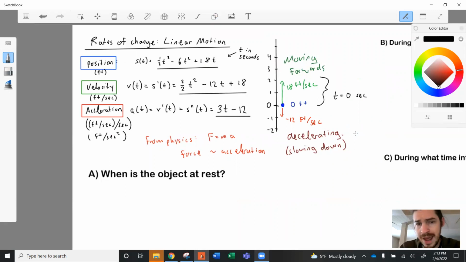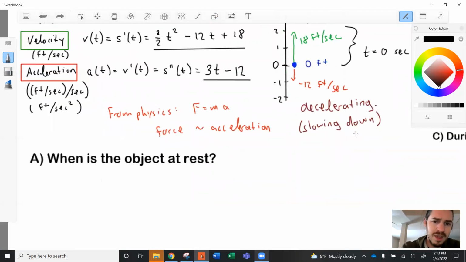So the first question I want to ask about this problem is, when is the object at rest? At rest means stopped, not moving. The thing that tells us if the object is moving or not is its velocity. This is really a question about velocity. In fact, at rest means that velocity as a function of time is equal to 0.